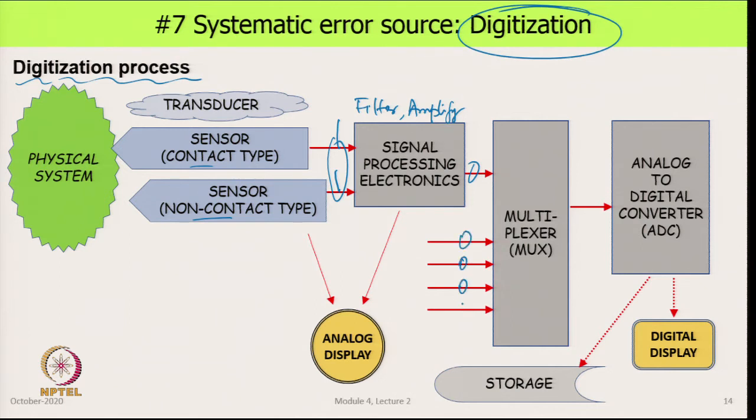These are all different inputs coming in, which the multiplexer switches one at a time. There is no change to the signal. And then we have our device, the A to D converter, ADC, which converts this analog data into digital data. This can be either displayed or stored.